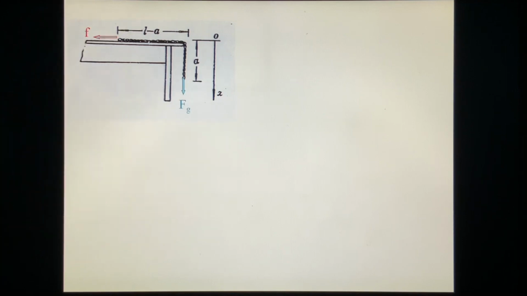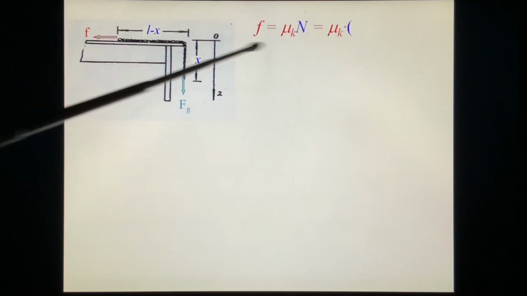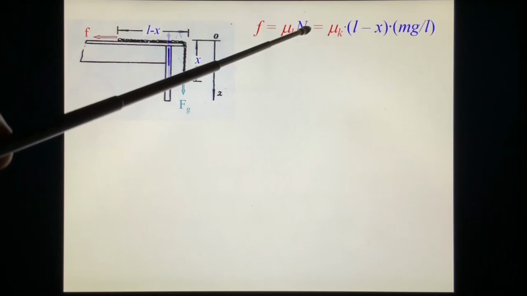What we do, we take a small section of movement in the middle. For example, in the middle, this length is just x. x can change from a to L. And then the chain on the table is L minus x. The friction is equal to mu and normal force.